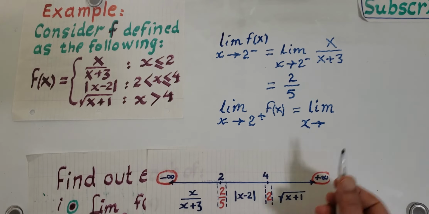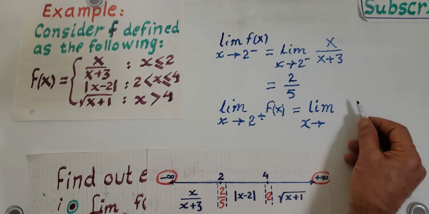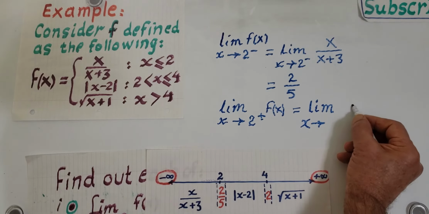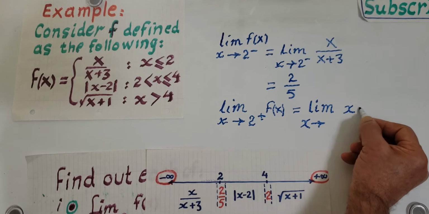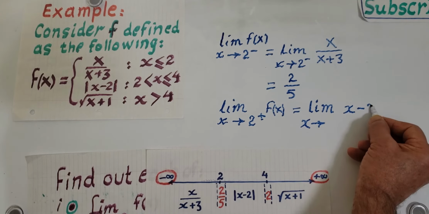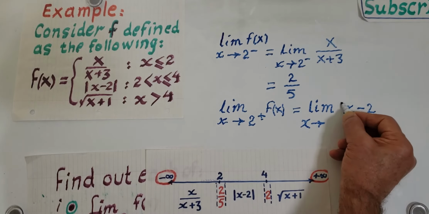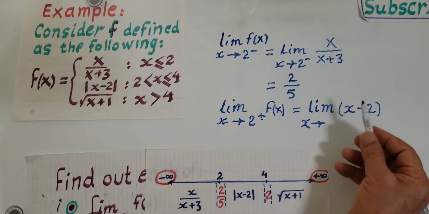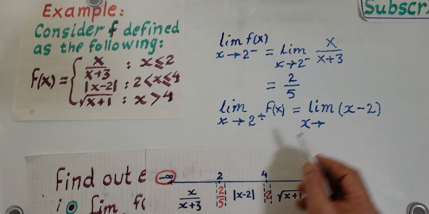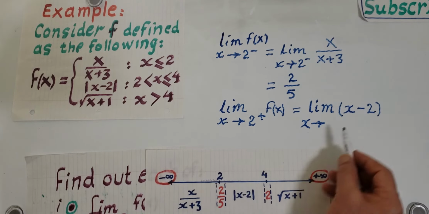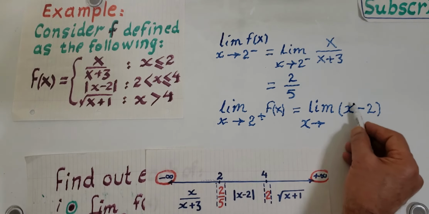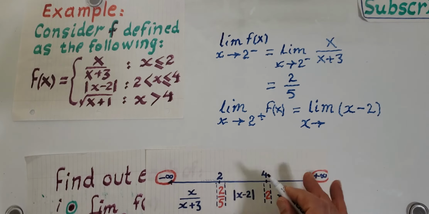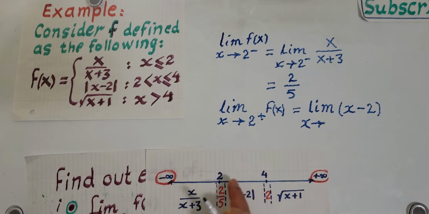So we can directly pick this case, and as it is positive, we can write x minus 2. We don't need to change its form. This is already positive, because if you substitute any number in this interval for x, you will find this value is positive. So you just take one case, the positive case.